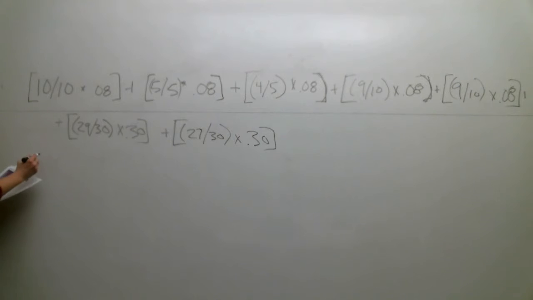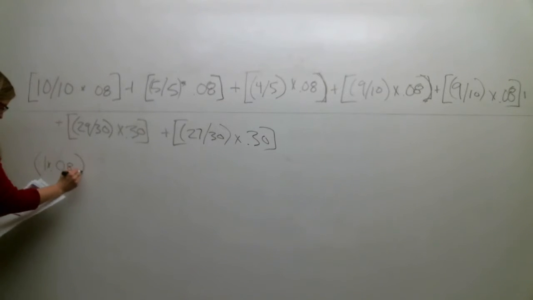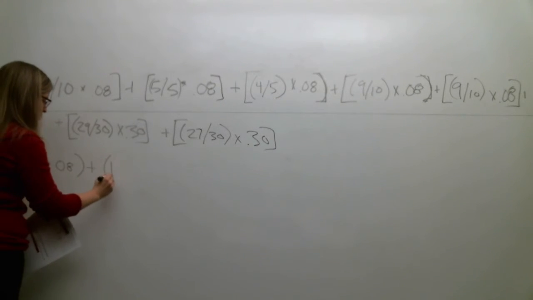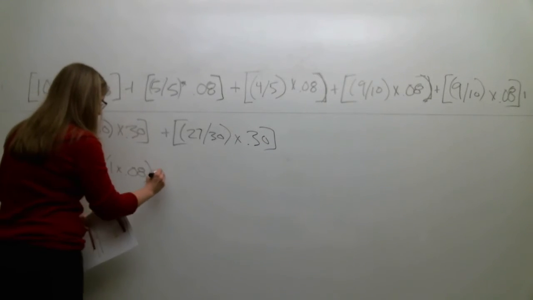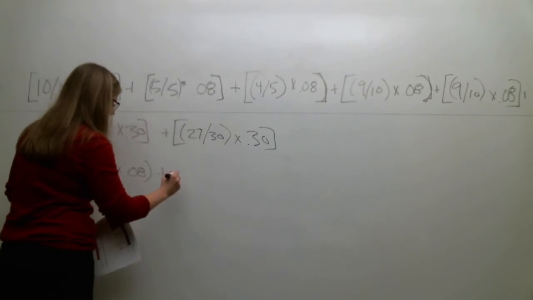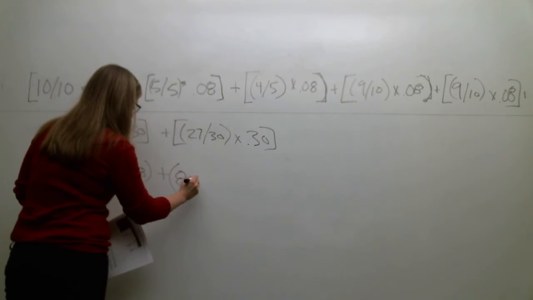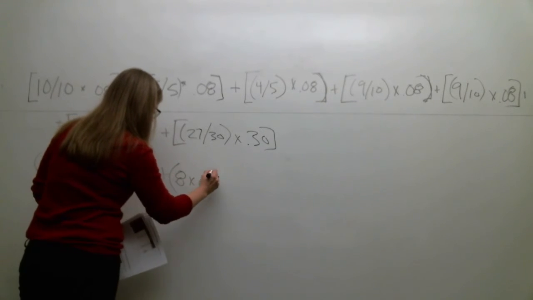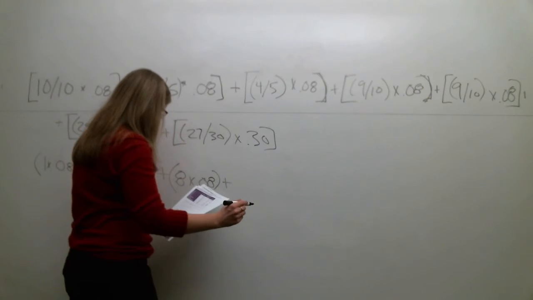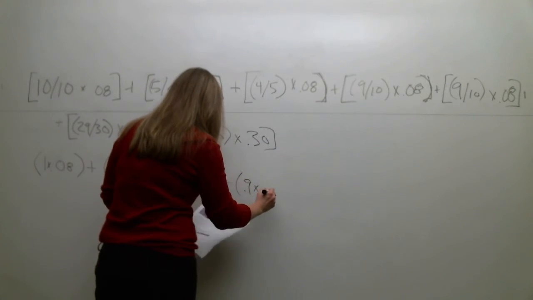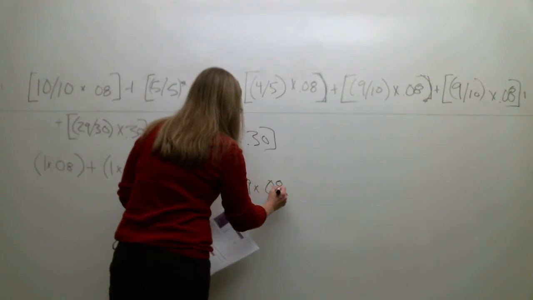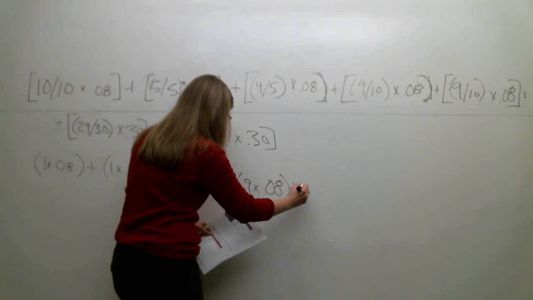So when I start simplifying these, here's what I end up with. 1 times 0.08, plus 1 times 0.08, plus 0.8 times 0.08, plus 0.9 times 0.08. Remember, I still have to add all those in there.